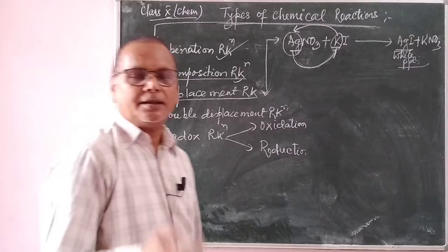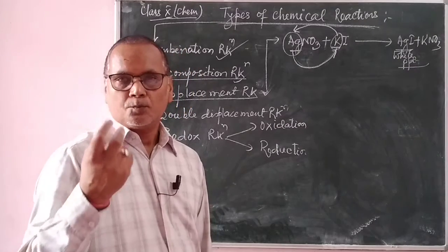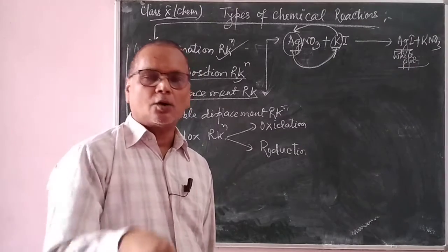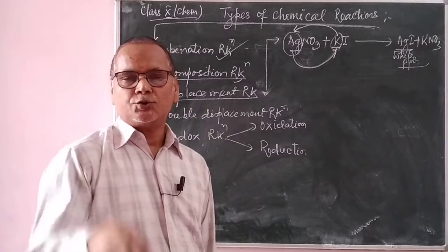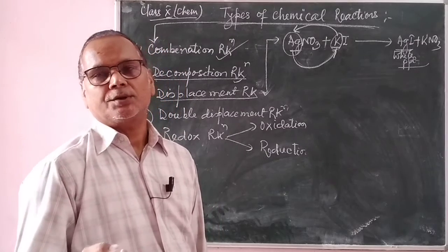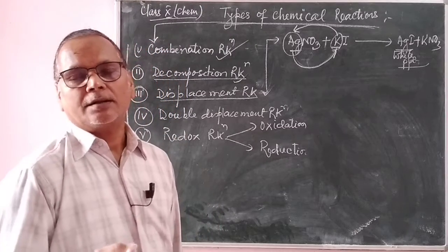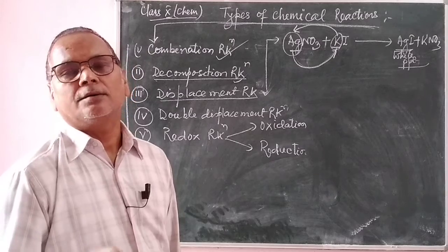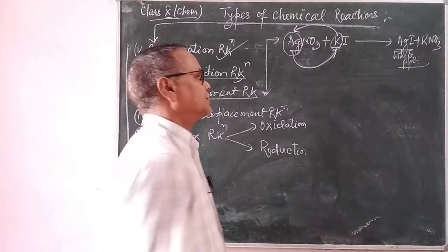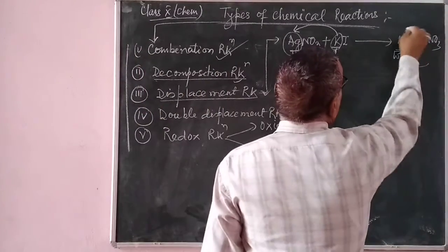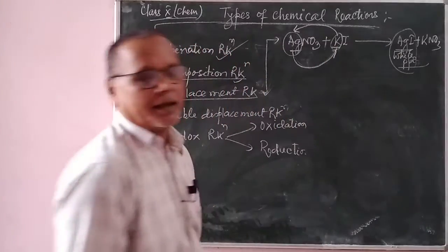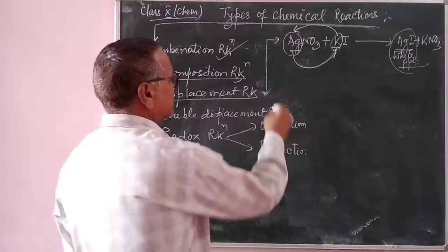Precipitate means any massive substance that settles down in the test tube. That is the precipitate, the insoluble part which is present in the solution. So this is the double displacement reaction.